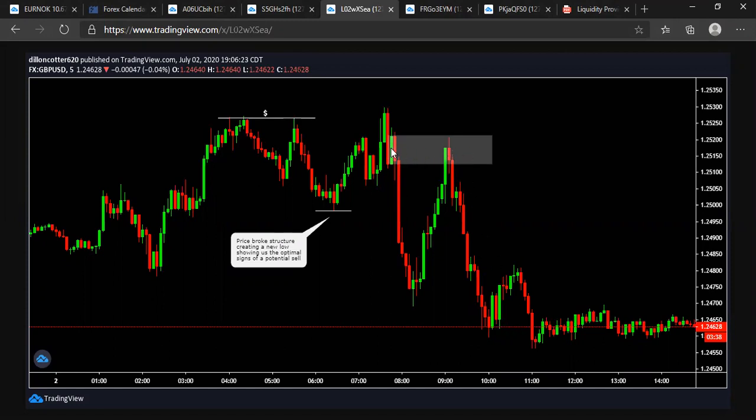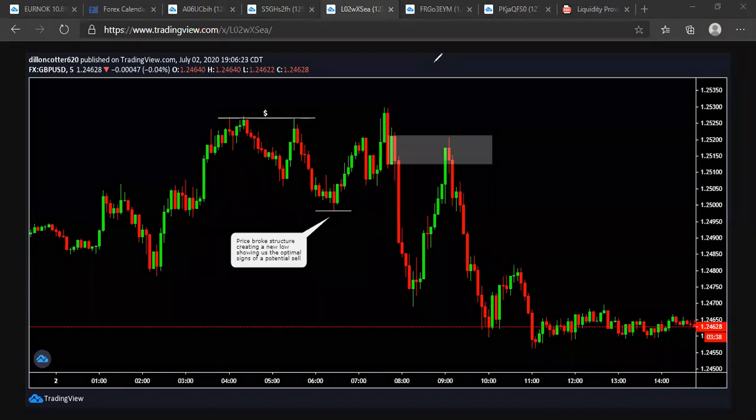I sent this to the free Telegram group, actually. But what we can learn from this setup is that it's very textbook. It's exactly what I look for in the market, right?